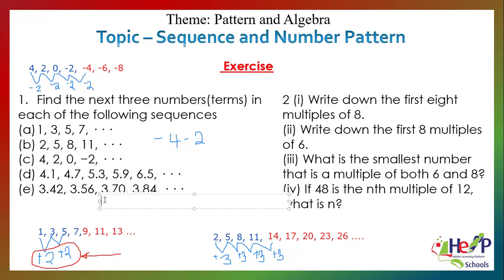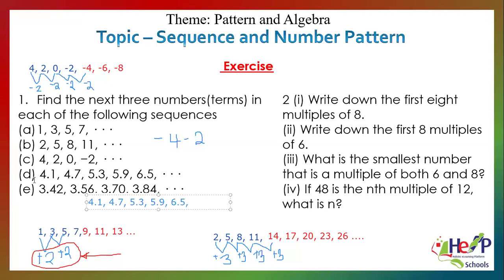Part D is having decimals. 4.1, 4.7, 5.3, 5.9, 6.5.